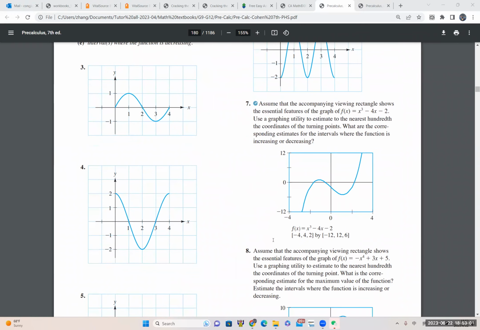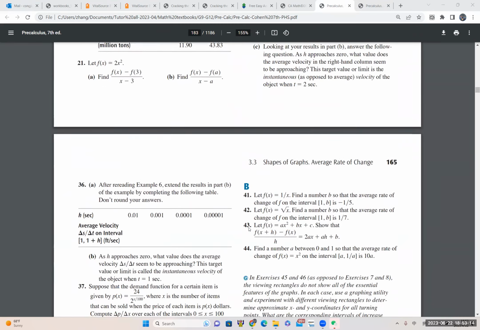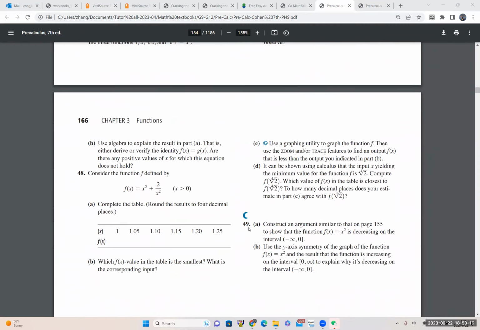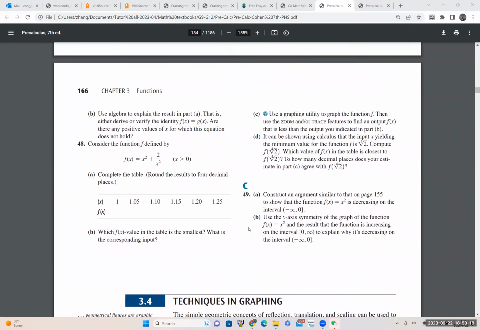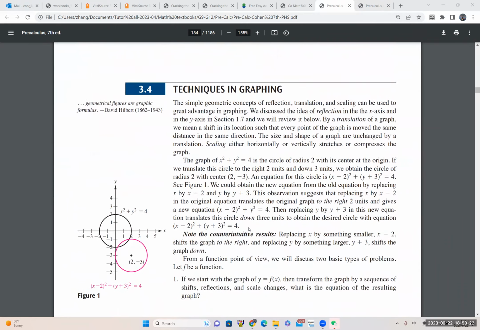Okay, let's pick some. How about we pick 4 problems? Let's say totally we have about 49.